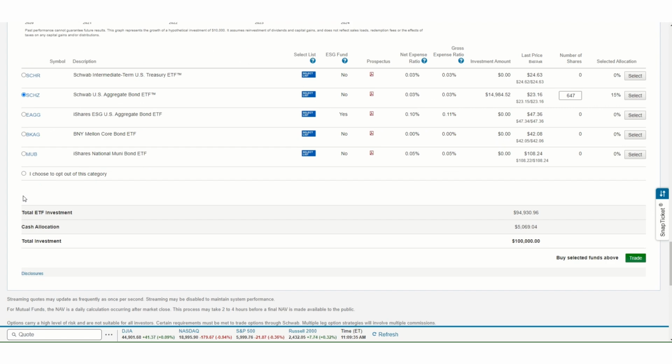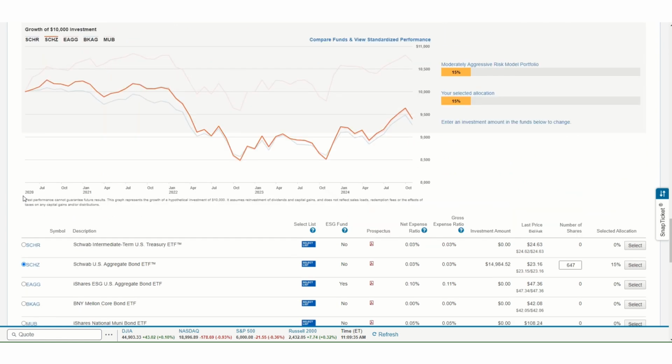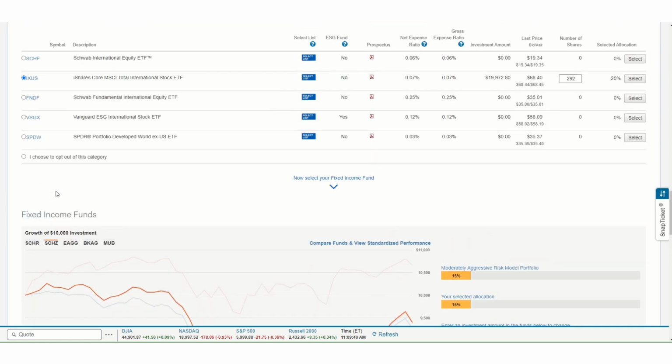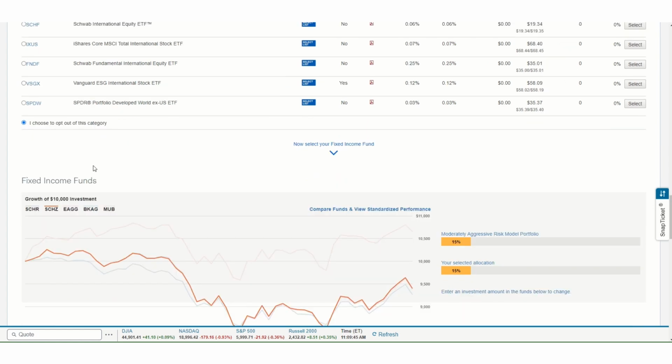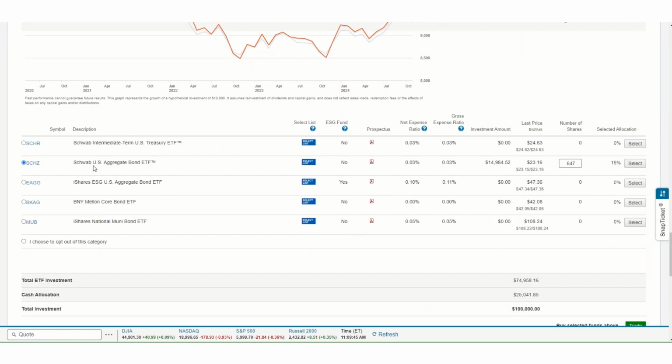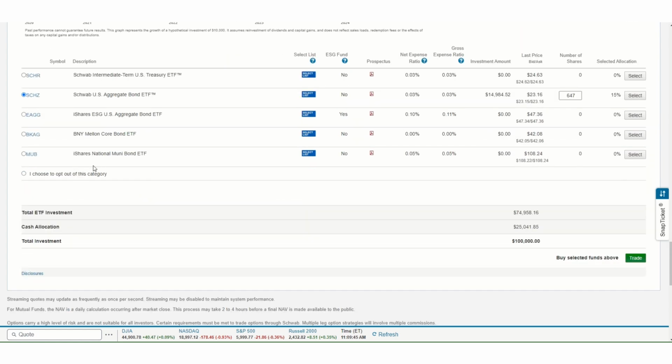Now, one concern I do have with this website is this. If I decide to opt out, notice it takes 100% of that money and reassigns it to cash. In my opinion, that is not an ideal solution. The reason why is if I opt out of international, that's a stock category.